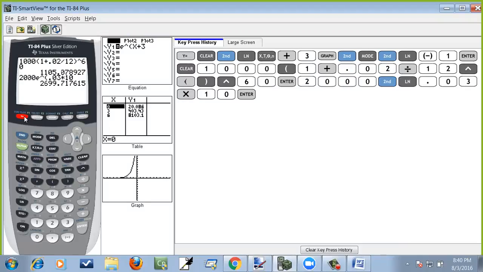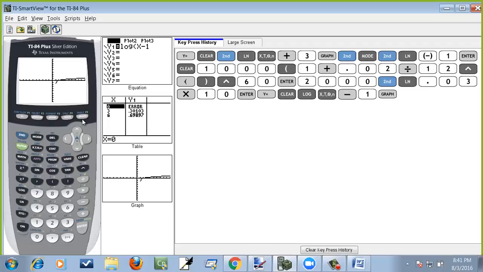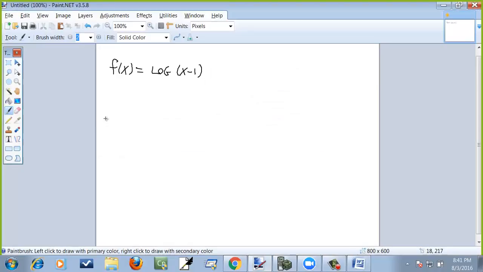So if I come over here, press y equals, clear, log of x minus 1. And you can put a closing parenthesis if you want, and then press graph. This is almost our graph.